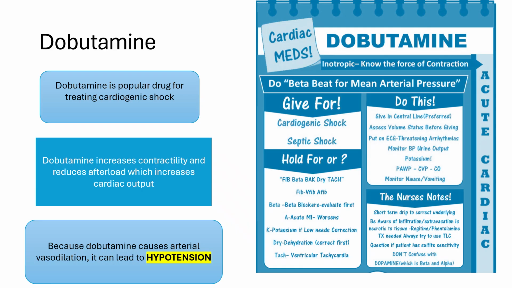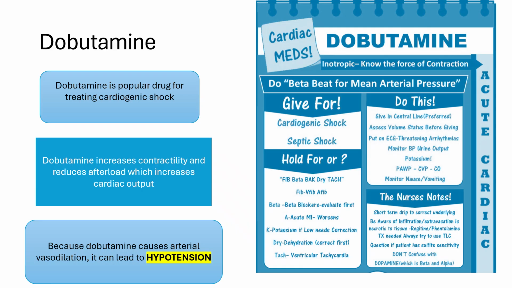And it is also going to decrease that afterload, which is going to help maintain cardiac output. But because dobutamine is going to cause arterial vasodilation, it can also lead to hypotension. Think about it, when your arteries get bigger, what happens to your blood pressure?